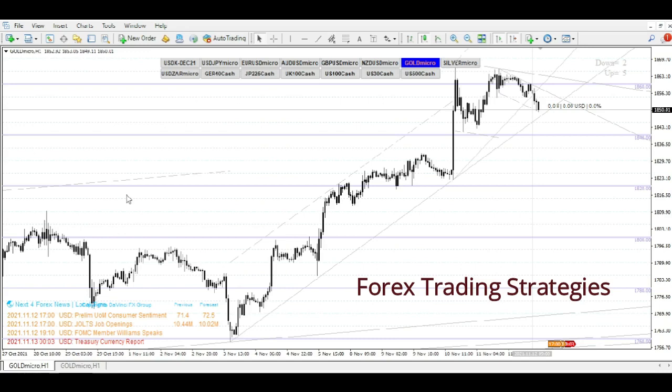The first thing that you would want to do is you must know your risk to reward ratio. In other words, how much are you willing to lose per trade, and you compare that to how much you are expecting to make on that trade. Before you click buy, before you click sell, you need to know first what's my risk to reward ratio.